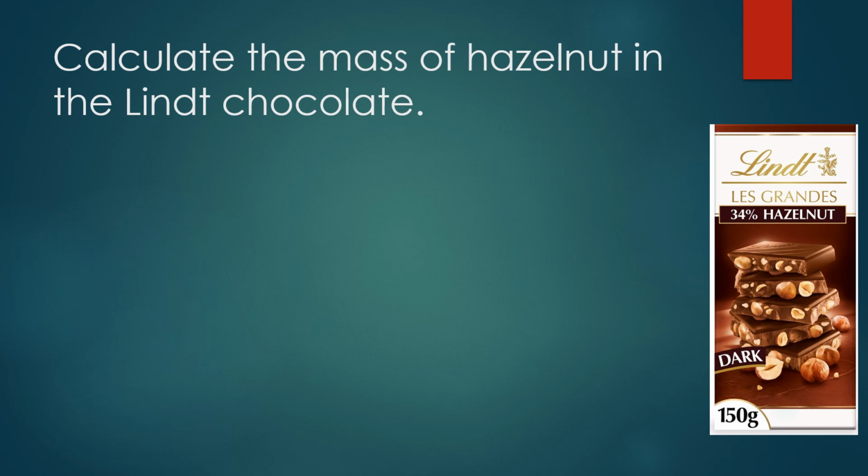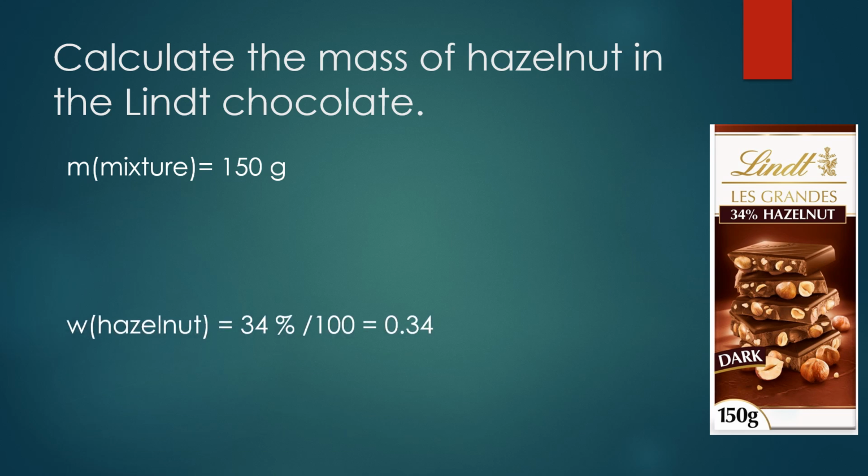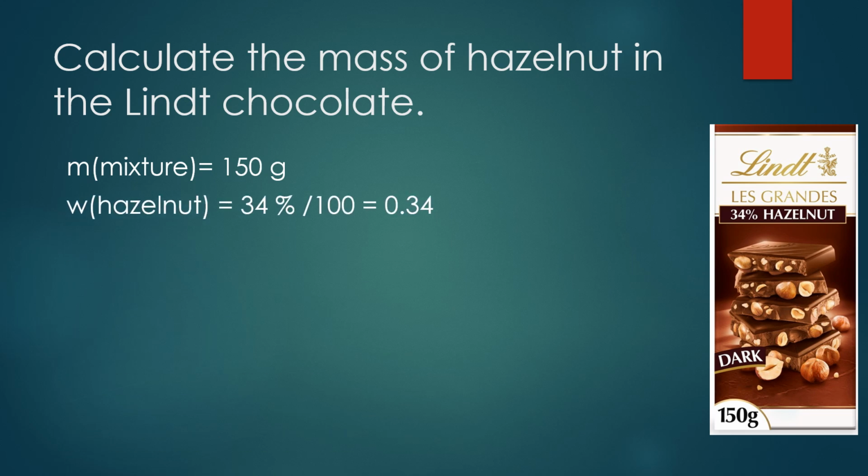So the data you have is the mass of the mixture, 150 grams, and the percentage or mass fraction of the hazelnut, which is 34%. If you notice, I divided by 100, which is 0.34, because we will need to use it in calculations. But before you use the number in a calculation, it's much easier to immediately divide by 100.